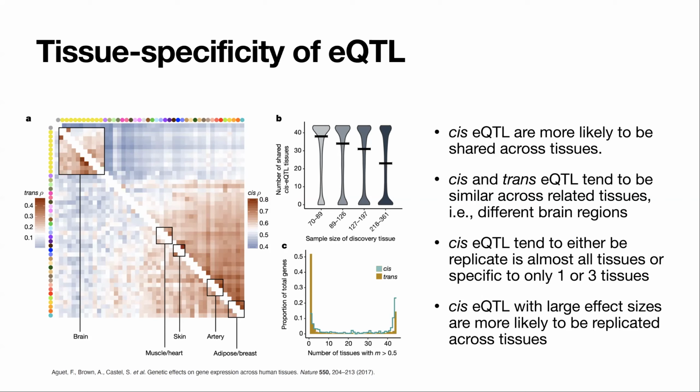So cis eQTLs tend to be present in all tissues or most tissues, or present in a single tissue or just a couple tissues without very much in between. And the final one is they do tend to have larger effect sizes and tend to be more consistent across tissues.